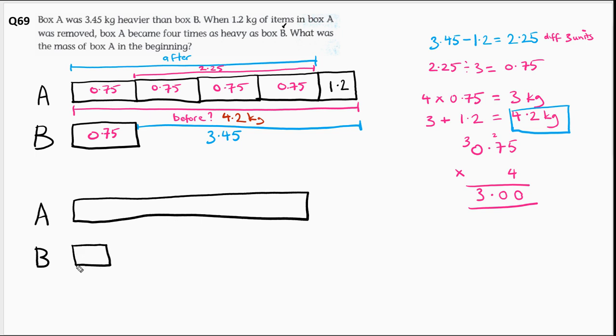And I know it's probably a fair bit smaller because this ends up being 4 times B. And then I have to think how I can remove some items so this ends up being 4 times B. So what I would probably then do is just do this. That's 1, that's 2, that's 3, that's 4. And then whatever this bit is going to end up being is my extra bit, that 1.2. Does that make sense? So it's perfectly easy to do. I just prefer to draw it that way around.